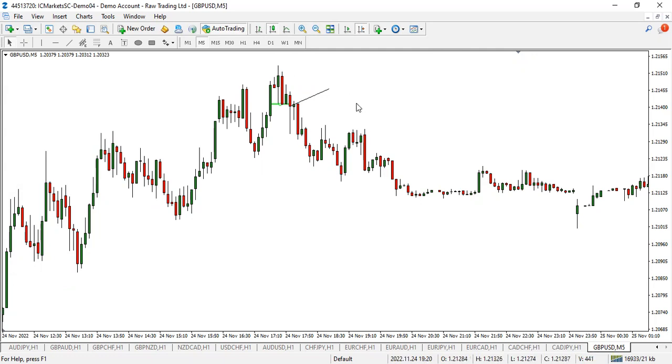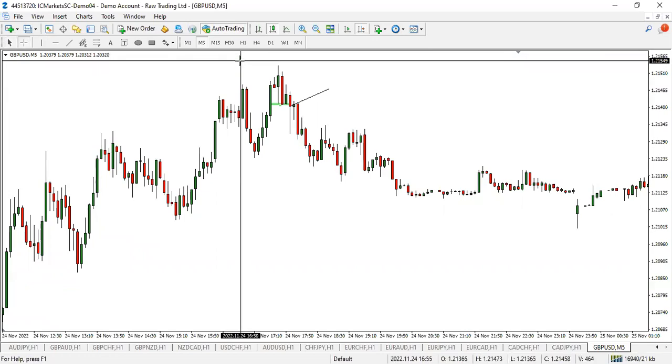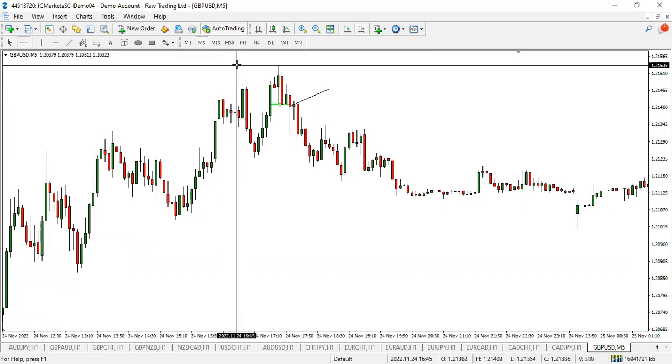If the spread is too high, depending on the broker you use and the pair you use, but for pairs like GU, the USD pairs, generally 5 pips above here, you're good. For example, this is 1.2153, 1.2158 is fine for this.